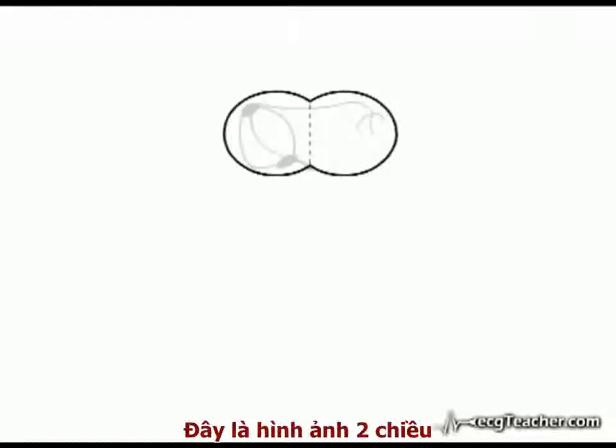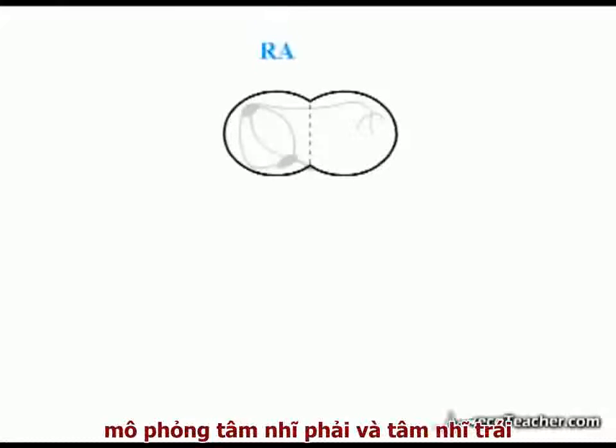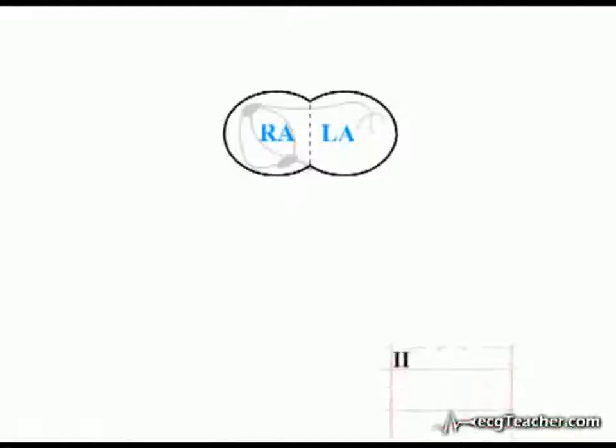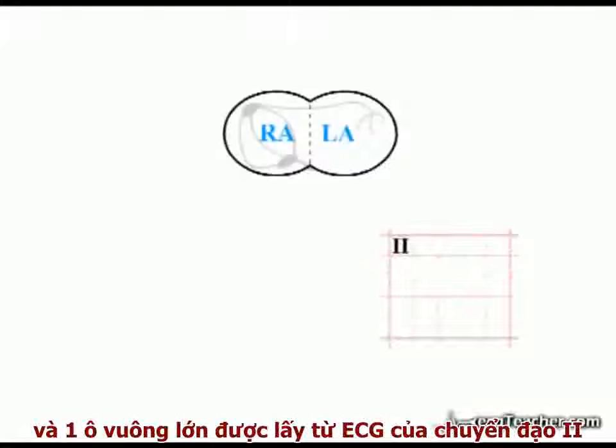This is a two-dimensional schematic showing the normal right and left atria, the cardiac conducting system outlined in grey, and a single large square taken from the ECG readout of lead 2.